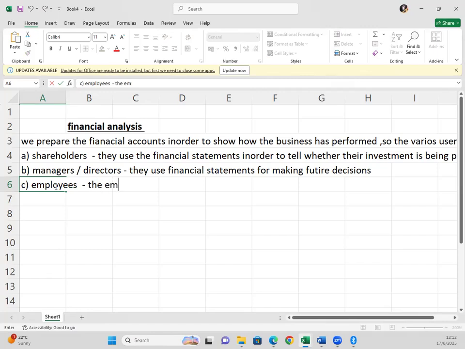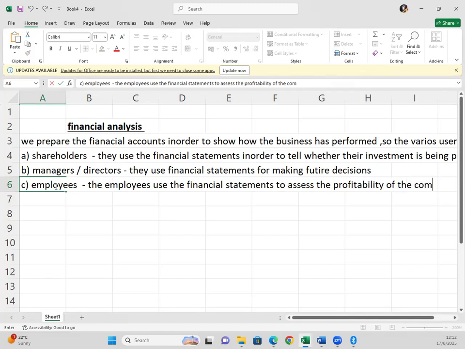So the employees use the financial statements to assess the profitability of the company and how able they were to meet the objectives.